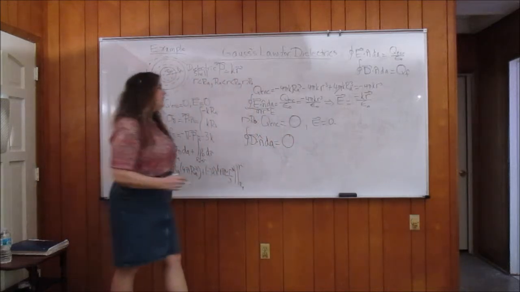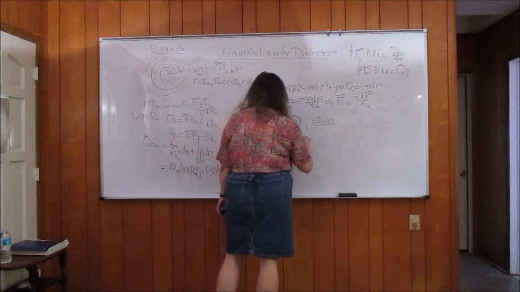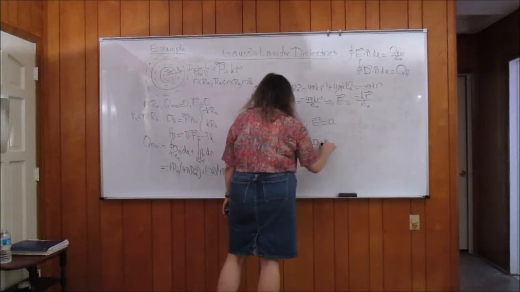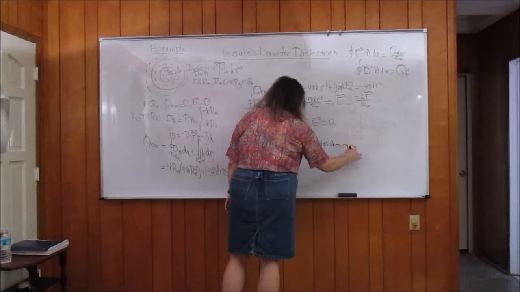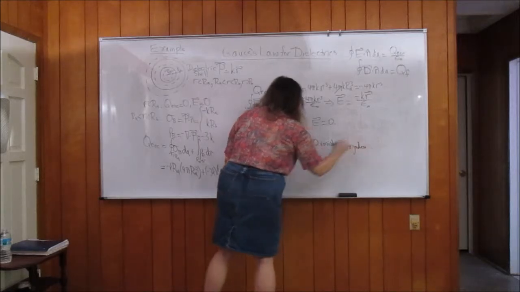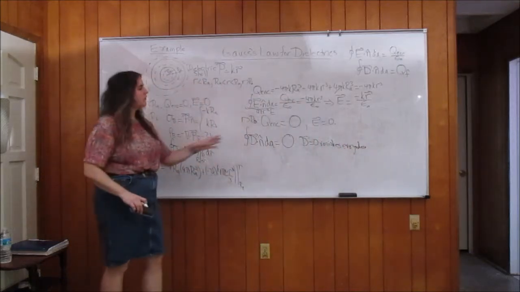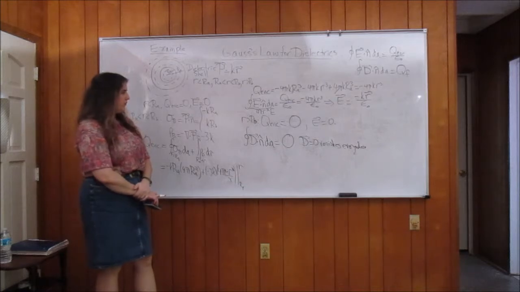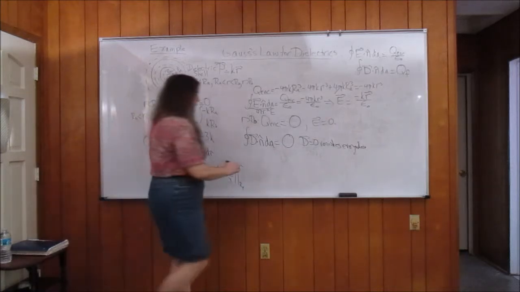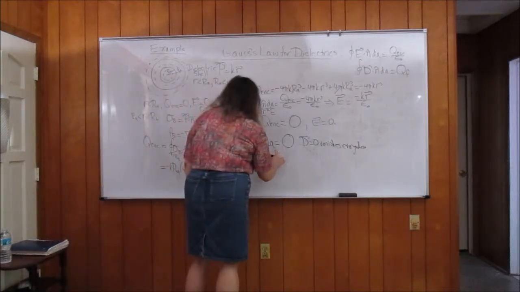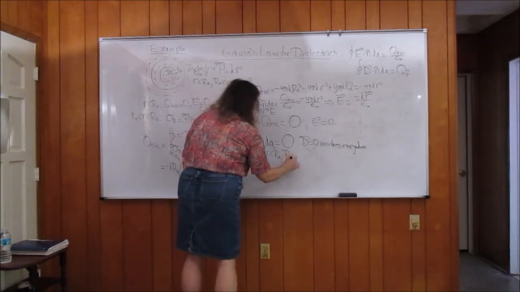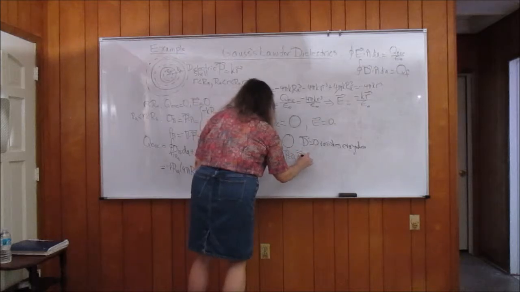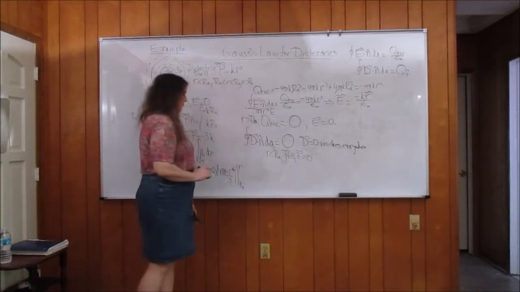So therefore, the displacement vanishes everywhere. So D equals 0 everywhere. It's a little superfluous. So what does that tell you? In the region r less than R_A, because the polarization vanishes there, E is equal to 0 there.